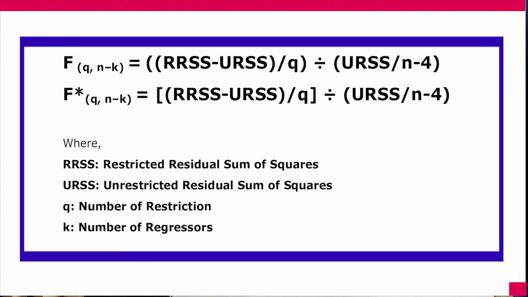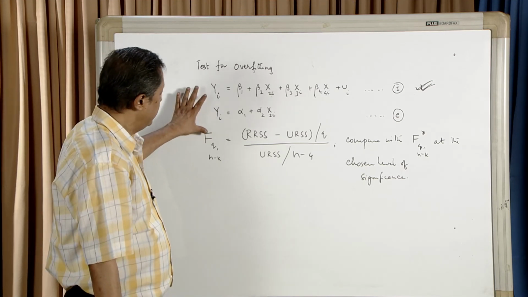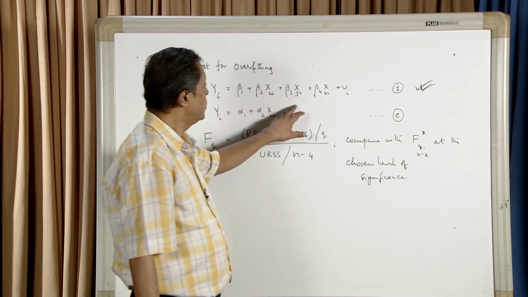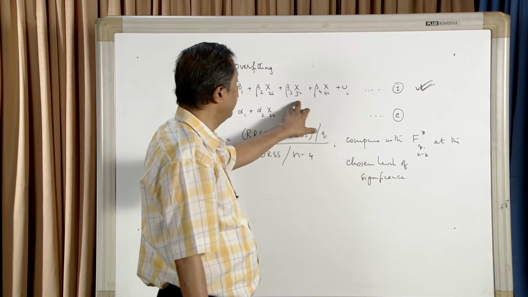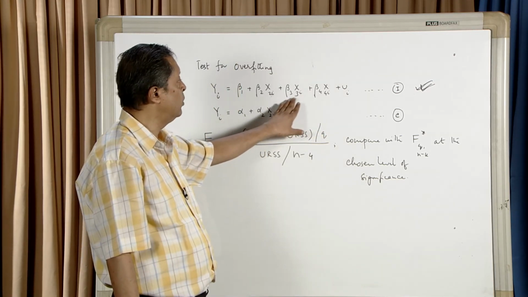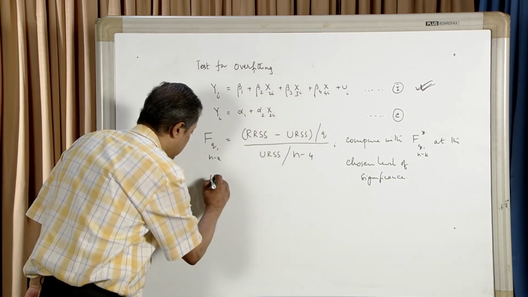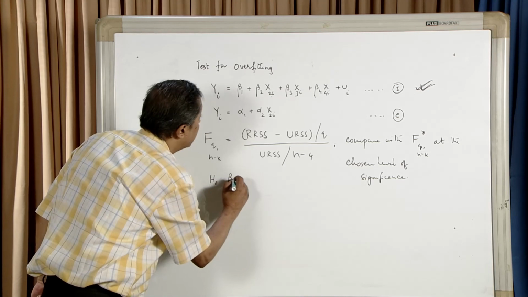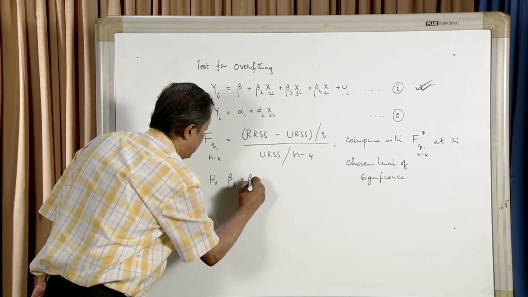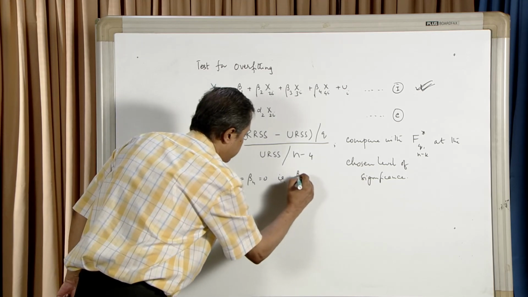Actually, these F tests were done in detail when we studied the problem of testing of hypothesis. So, this is a very simple test, once again a repetition of what we had done earlier. We are actually testing whether these two coefficients beta 3 and beta 4 should be there or not. So, the null hypothesis is H naught: beta 3 equal to beta 4 equal to 0.